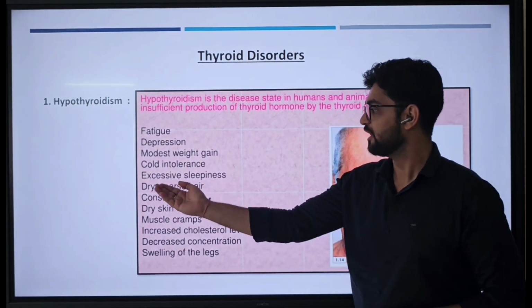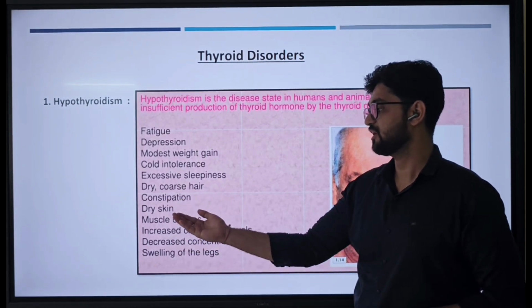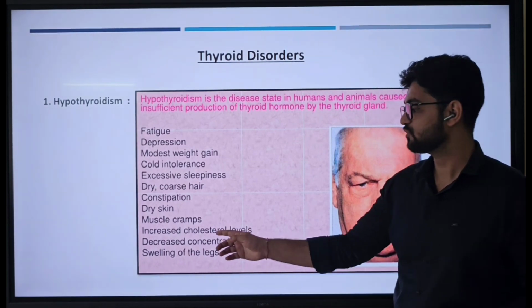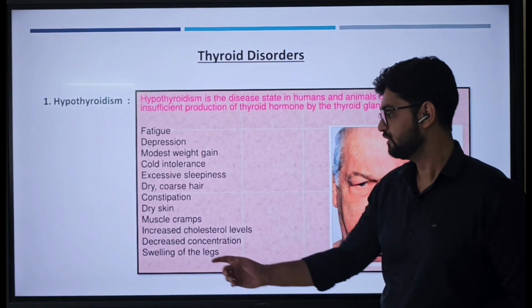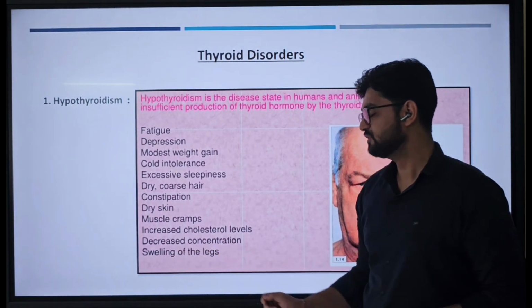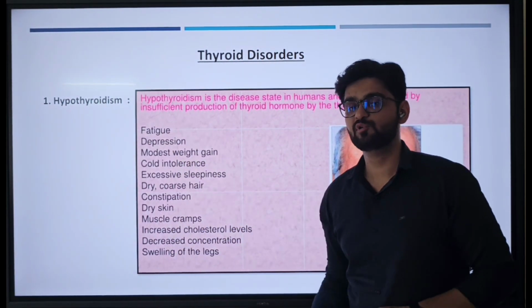Excessive sleepiness, dry skin, constipation, muscle cramps, increase in the cholesterol levels correlating with modest weight gain, decrease in concentration, swelling of legs. These are all the basic characteristics shown by hypothyroidism.